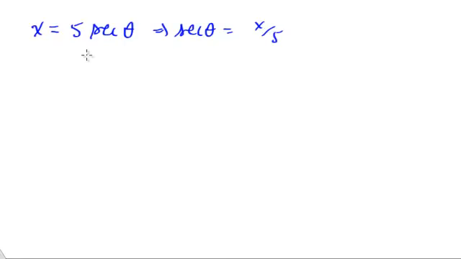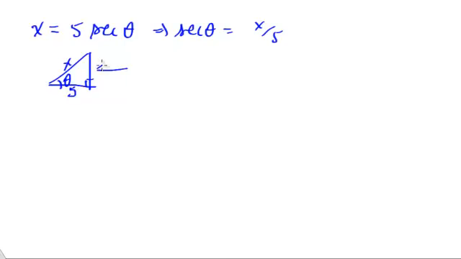So if I make a triangle and call this angle theta, a right angle triangle, how should I label this triangle so that sec theta equals x over 5? Remember, sec theta is 1 over cosine theta. Cosine theta is adjacent over hypotenuse. So if I label this as 5 and this as x, then cos theta will be 5 over x, or sec theta will be x over 5.